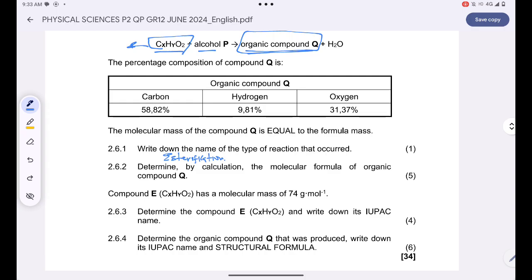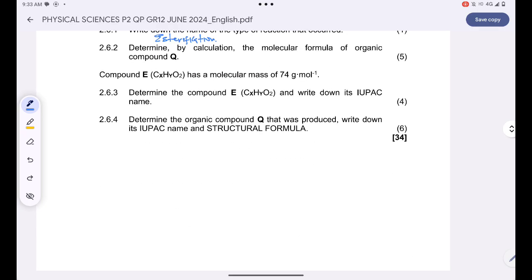Since you are not given the molar mass of compound Q, it simply means that the empirical formula will be our molecular formula.